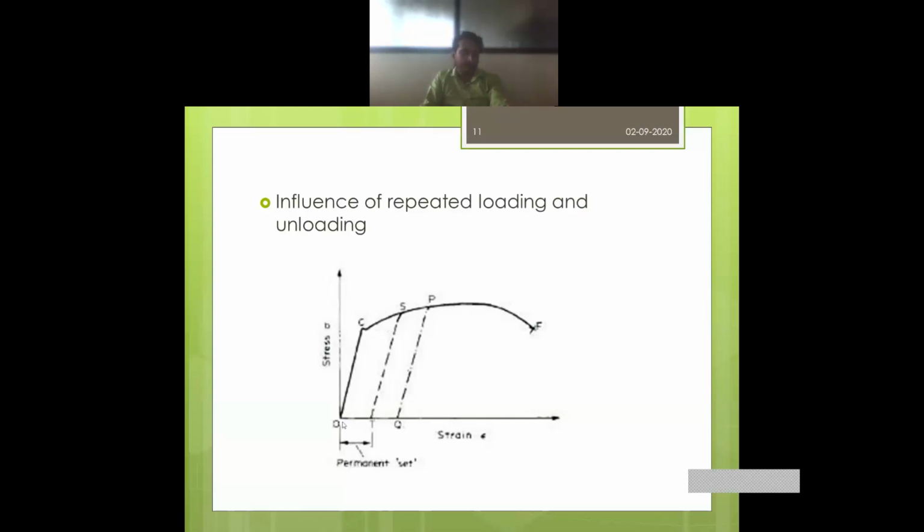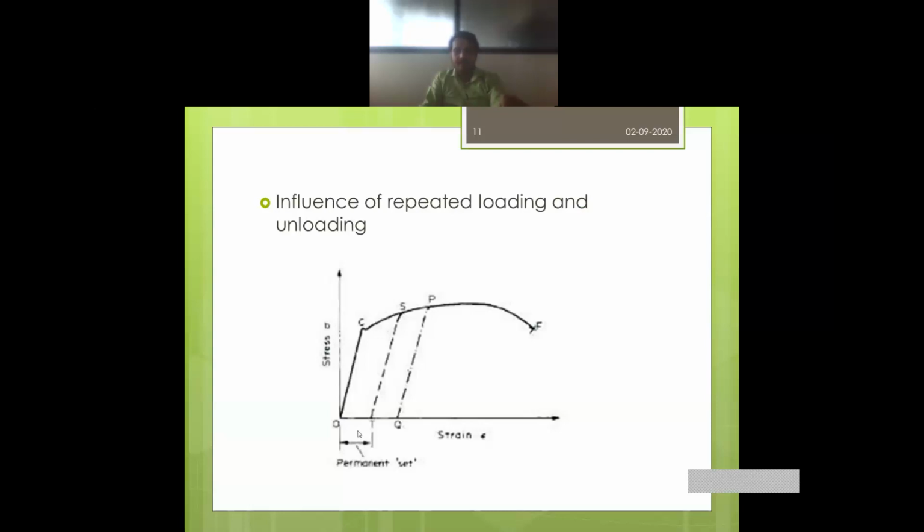From the original point, I will start loading. The stress keeps on increasing and it will reach the yield point C. After reaching the yield point, I will further increase the load and remove the load at S. When I remove the load at S, your curve stops at S. Then I will start loading again from 0.